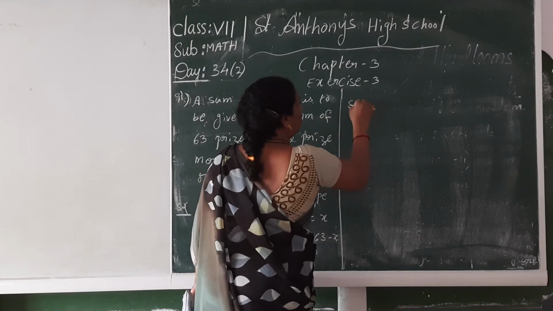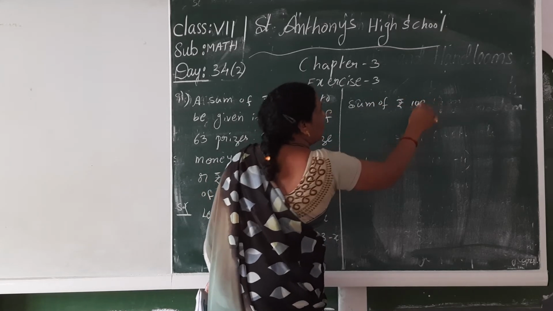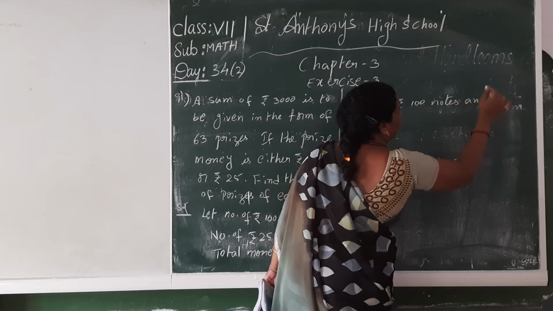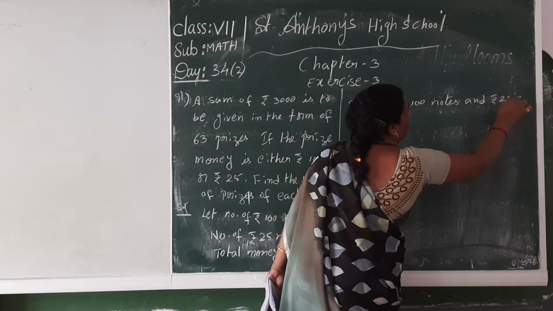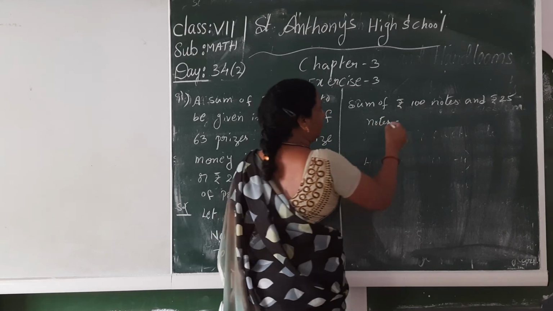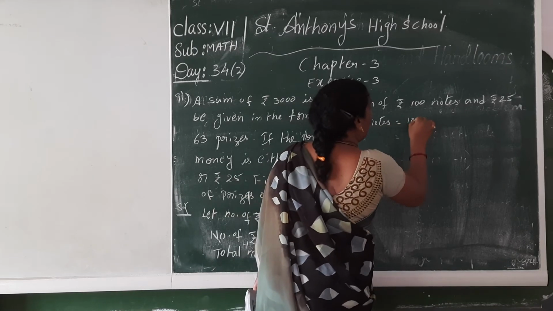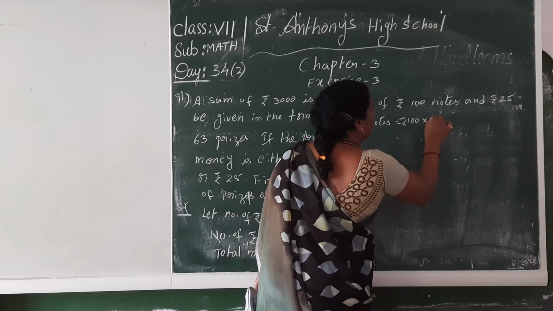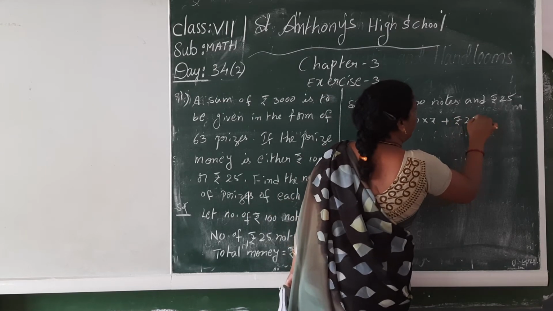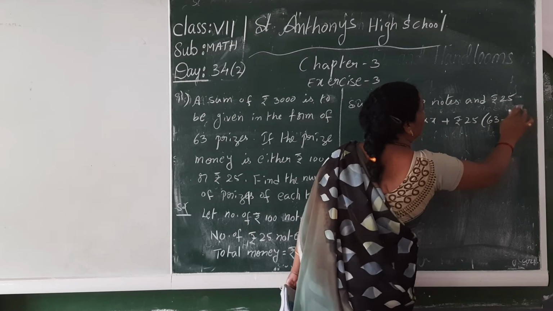Okay, now sum of 100 rupee notes and 25 rupee notes is equal to 100 into x plus 25 into (63 minus x).